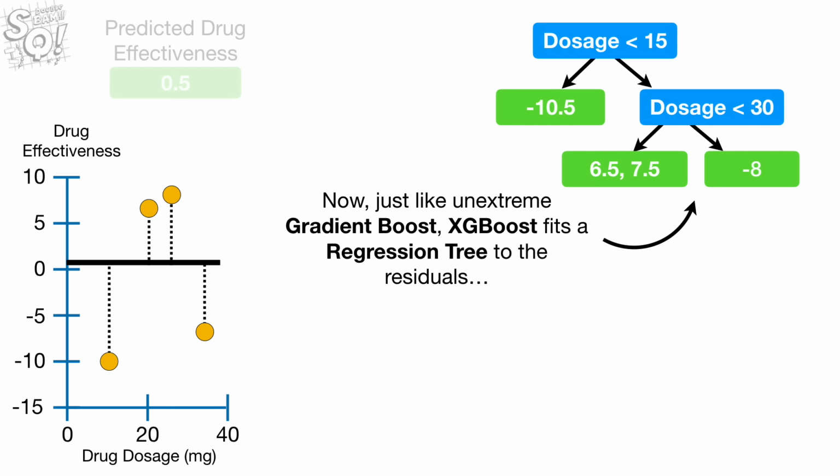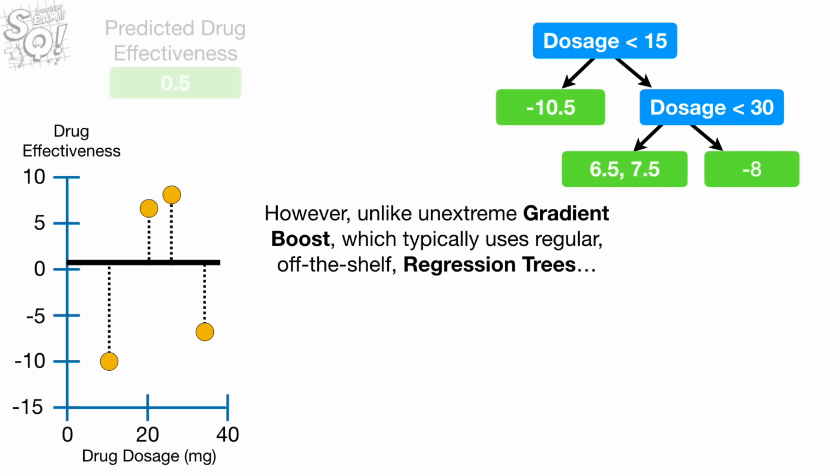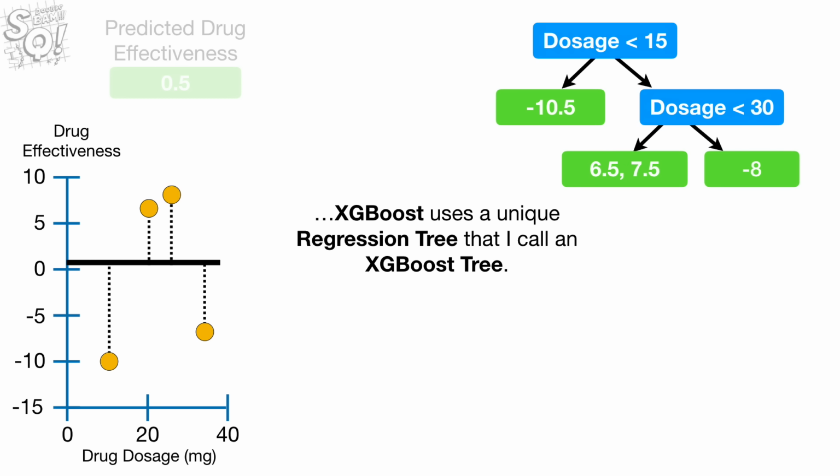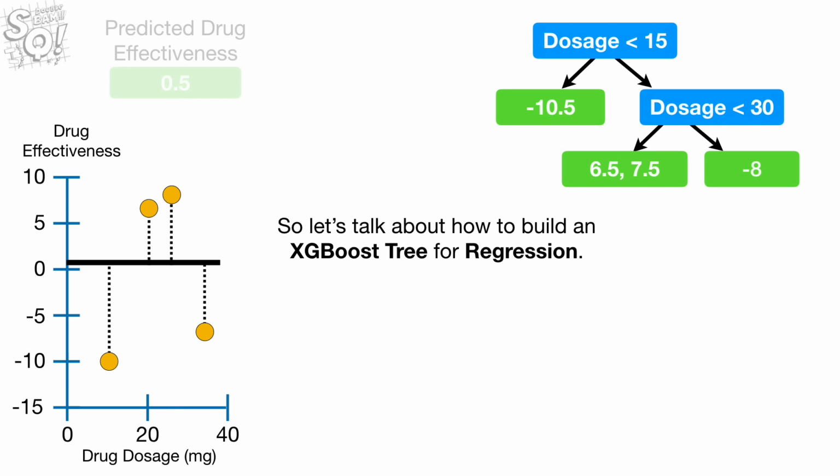Now, just like unextreme gradient boost, XGBoost fits a regression tree to the residuals. However, unlike unextreme gradient boost, which typically uses regular, off-the-shelf regression trees, XGBoost uses a unique regression tree that I call an XGBoost tree. So let's talk about how to build an XGBoost tree for regression.